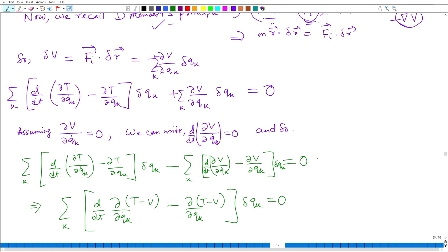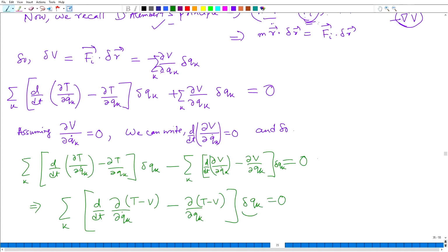And the last step is, now since all the q k's are generalized coordinates, they are already chosen in such a manner that all the holonomic constraints are used up. So, they are mutually independent.